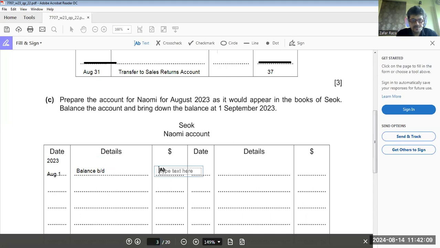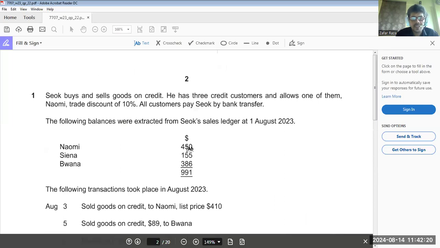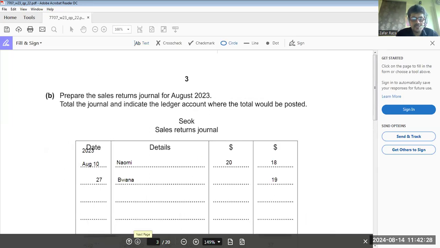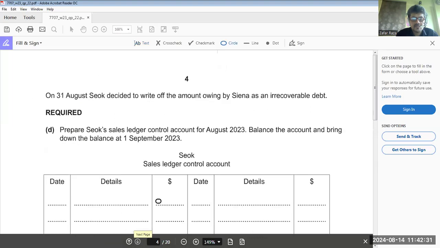Balance b/d was how much? Yeah, 450. This is the opening balance. So that is going to be reported here.